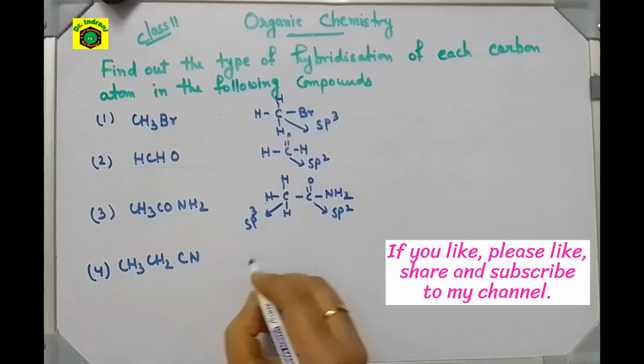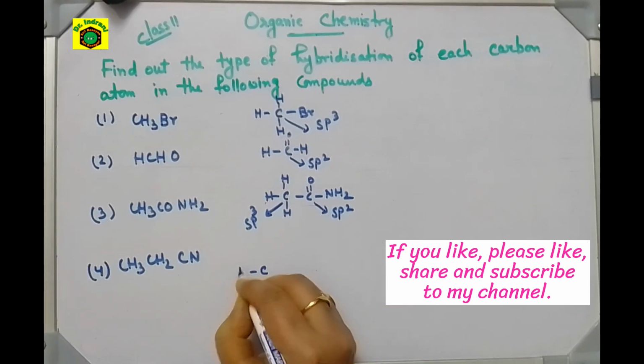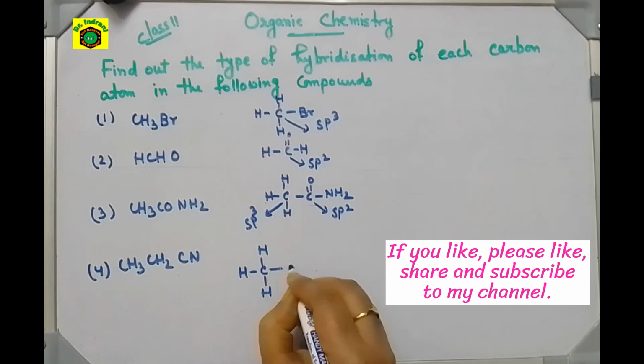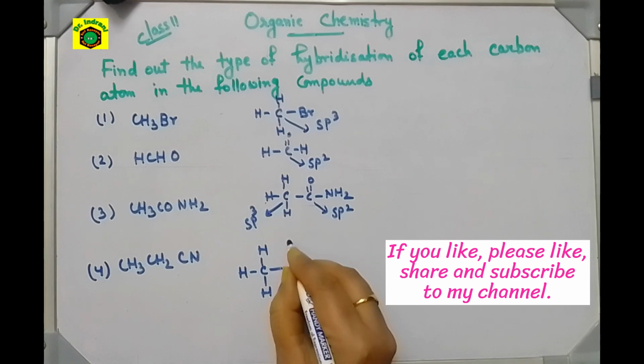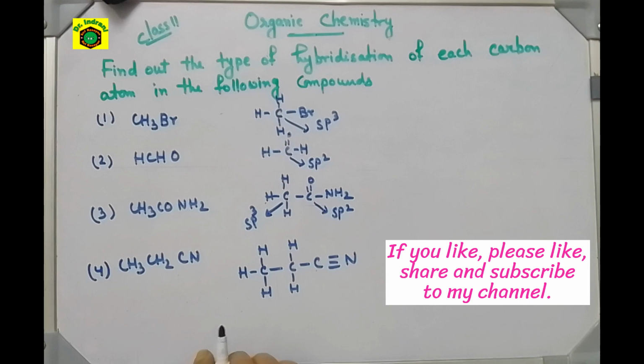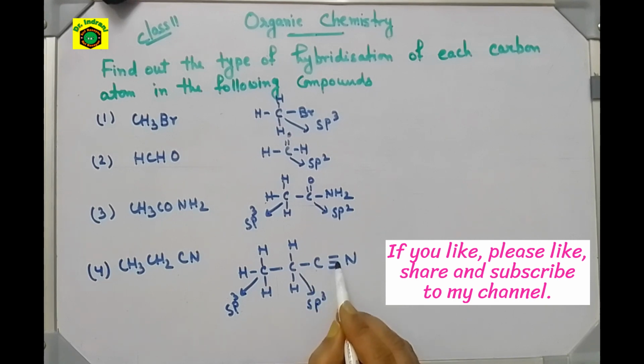Next example, you write the complete structure here. CN means this one. After that you see here 4 sigma bonds are there. So this is sp3 hybridized. This carbon, here also 4 sigma bonds are there. This is sp3 hybridized. And here 2 sigma bonds are there, 2 pi bonds are there. So this carbon is sp hybridized.